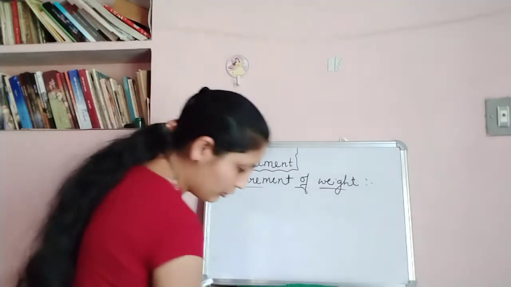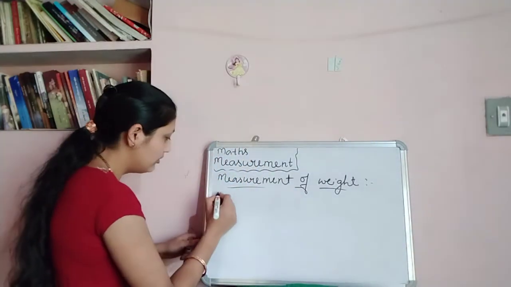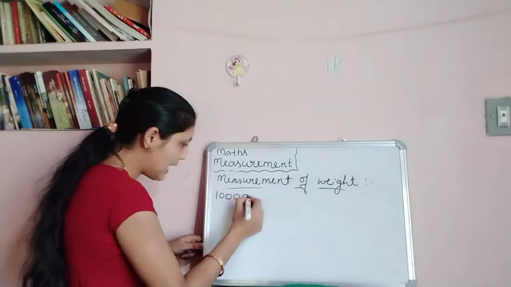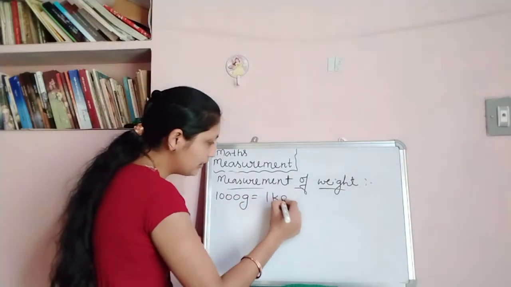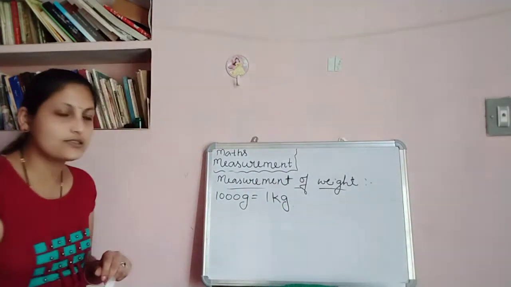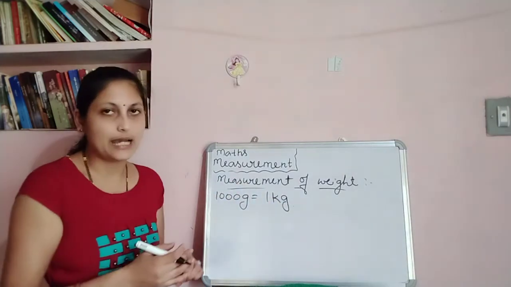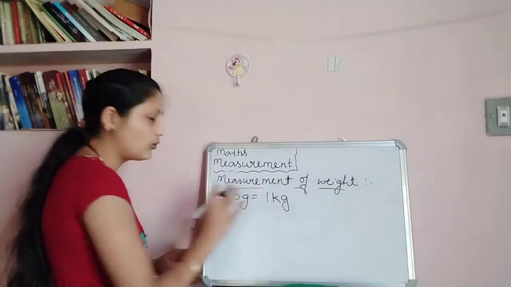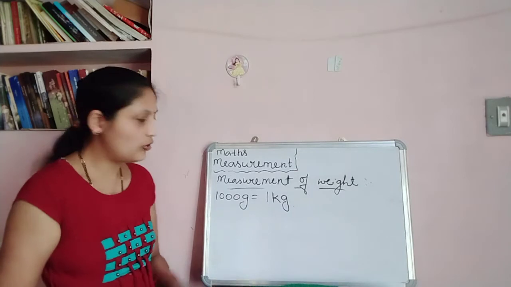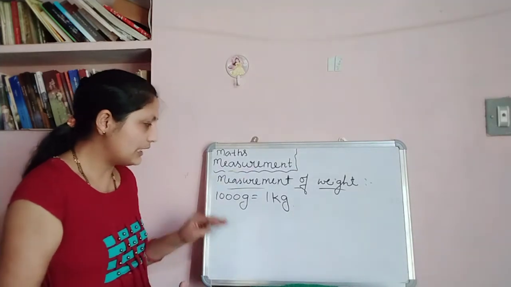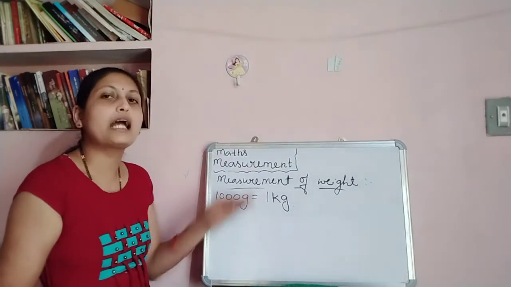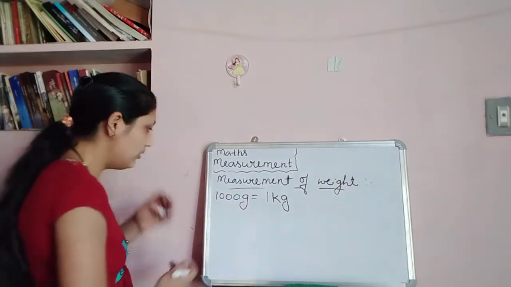So you all know that 1000 gram is equal to 1 kg, or 1 kg is equal to 1000 gram, isn't it? We are going to convert kilogram, or kilogram and gram, into gram. So let us see.